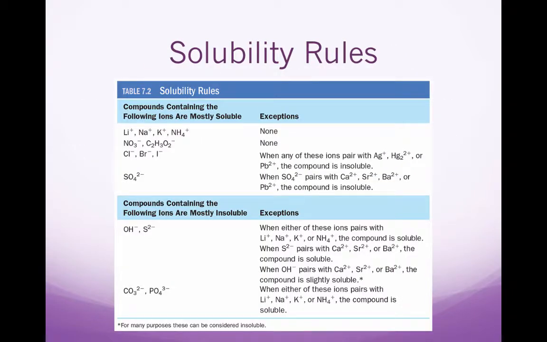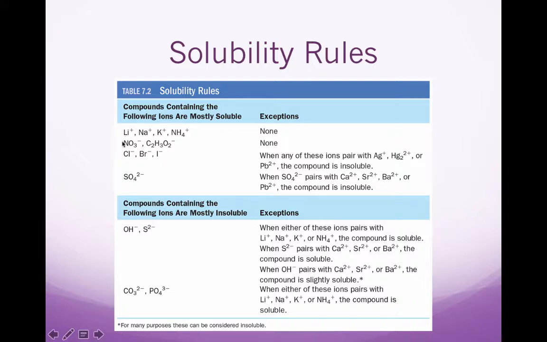So here are solubility rules. It's just a table that tells you what's generally soluble and what's generally insoluble in water. For example, up top, compounds containing the following ions are mostly soluble.